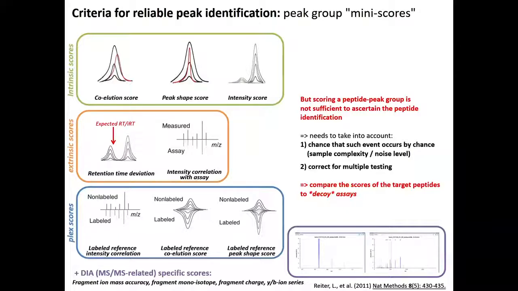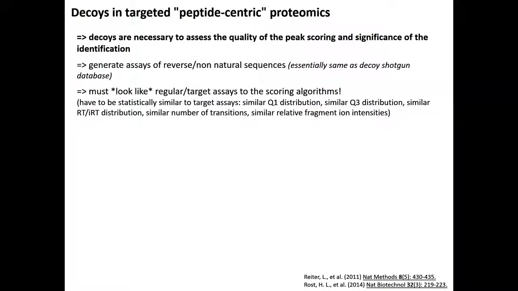For this you now need to take into account that these events happen by chance, and you need to correct for multiple hypothesis testing. This is actually the concept of decoys, which we do similarly, with some differences, as you will see in the next couple of slides, compared to the DDA runs. So this is the concept of decoys that's used in targeted, peptide-centric DIA extractions.